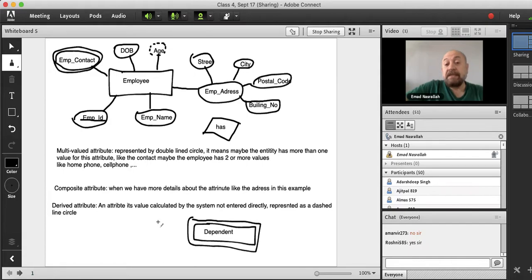The weak entity is an entity which is related to another entity in the system. Not just related, depend on. If the employee leaves the company, all dependents will be removed.